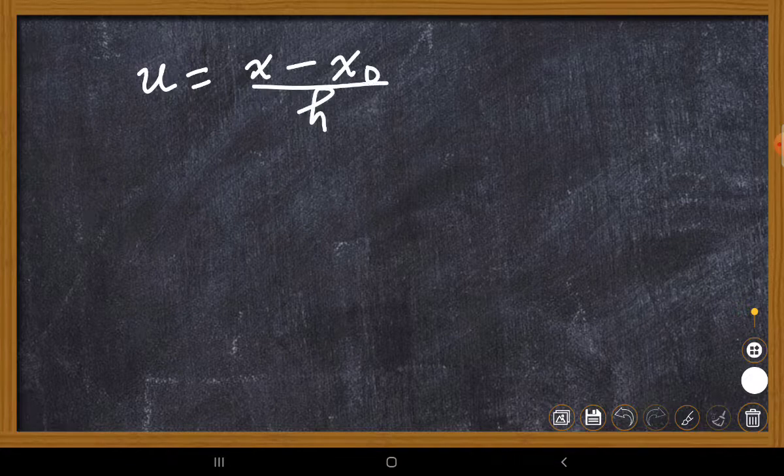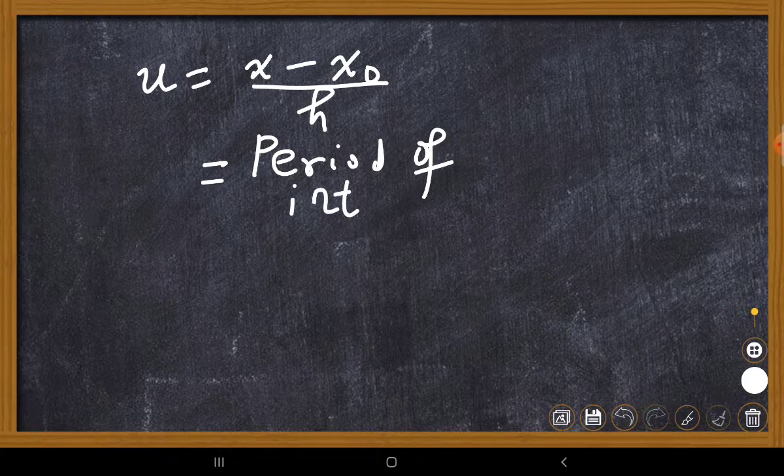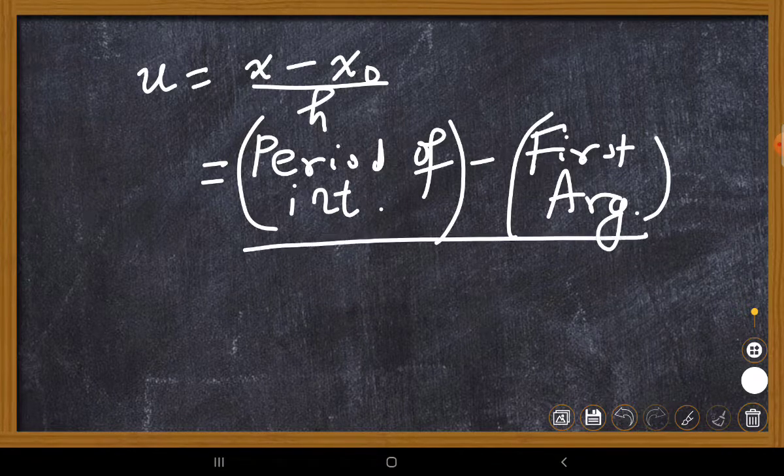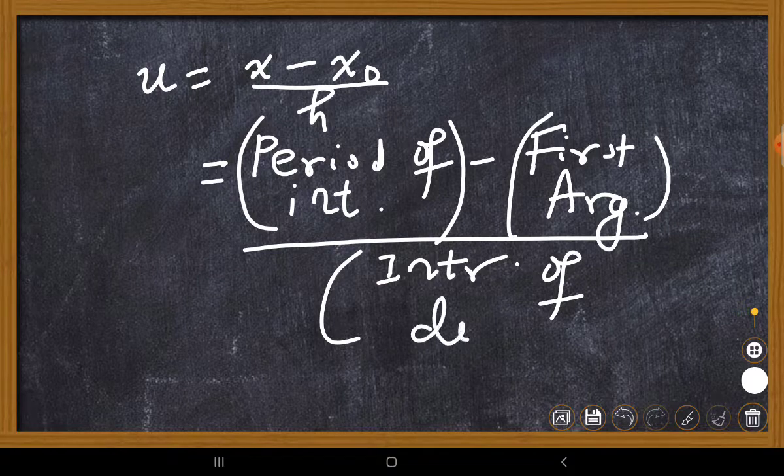So let me explain again. This u is (x minus x naught) by h, where x is your period of interpolation, x naught is your first argument, and h is your interval of differencing.